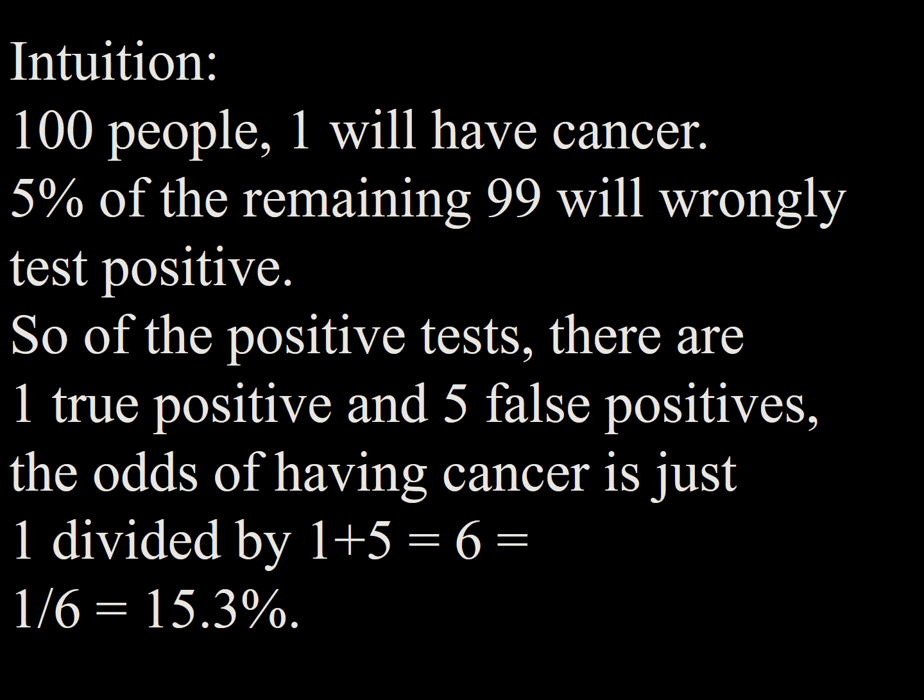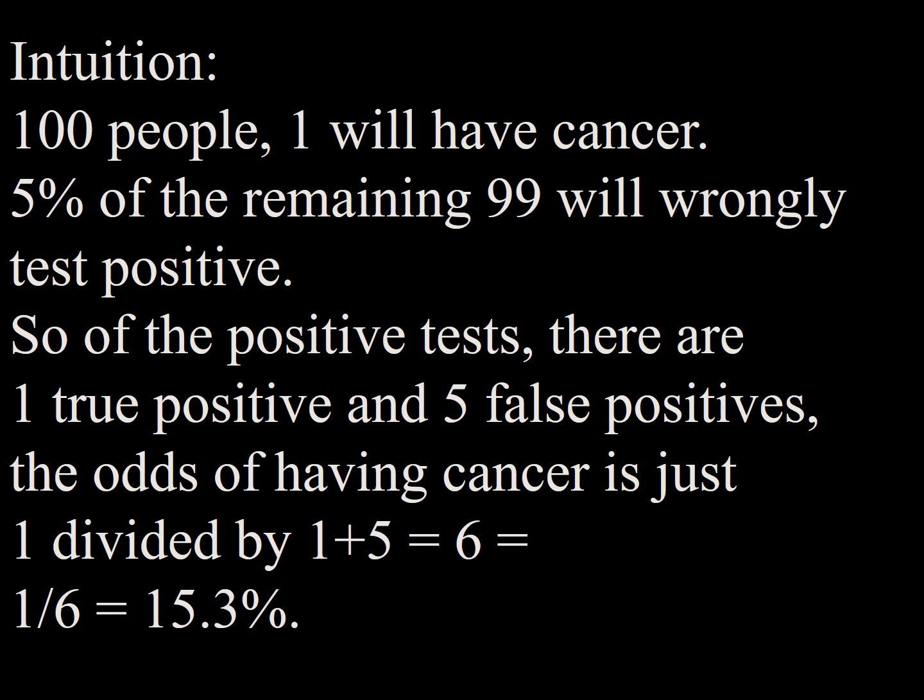Because there are so many people that are being tested that even if the test fails only 5% of the time, the sheer number, which is huge, of people who don't have cancer, that very large number of false positives is included in those who are found to have had cancer. So you have one actual cancer victim and 5 false cancer victims.